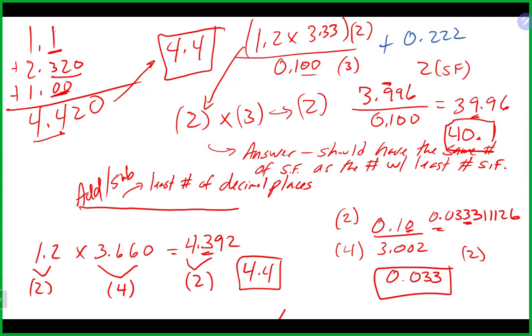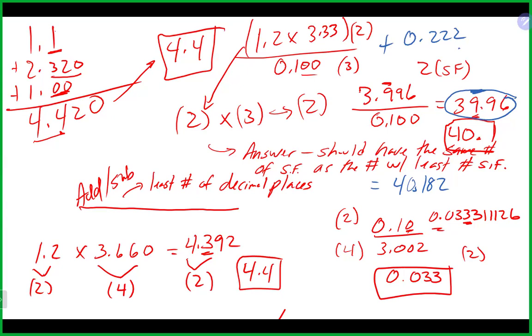And at this point, I personally would still be rolling with this number and then add it to 0.222. So we would take 39.96 plus 0.222. That will give us something on the calculator of 40.182. At this point, I know that technically I should stop here, which is two significant figures, right? And that would give me how many decimal places?